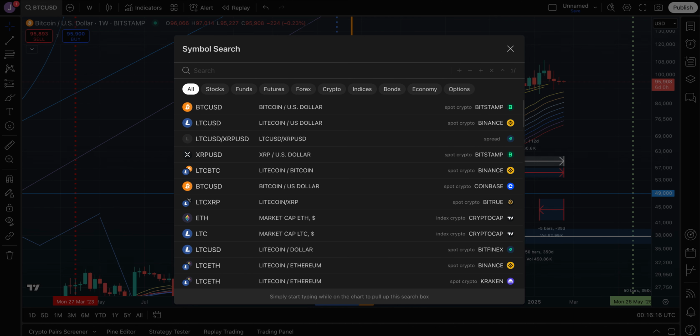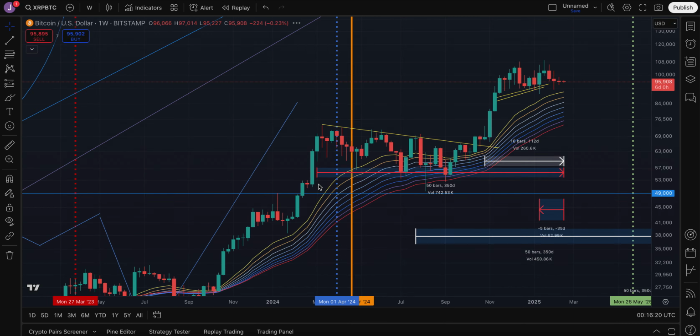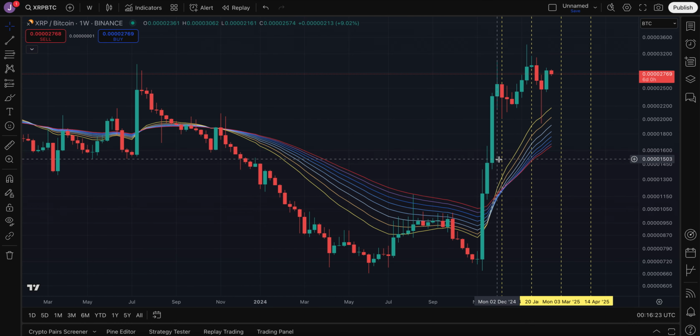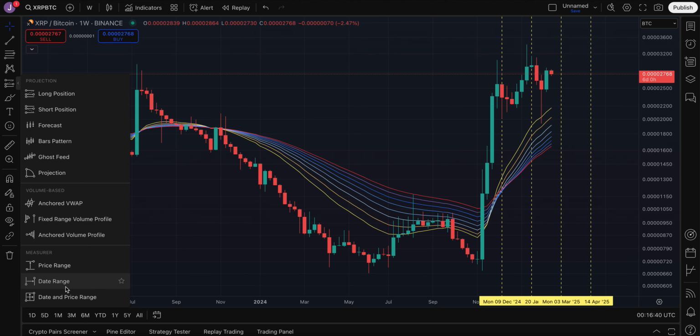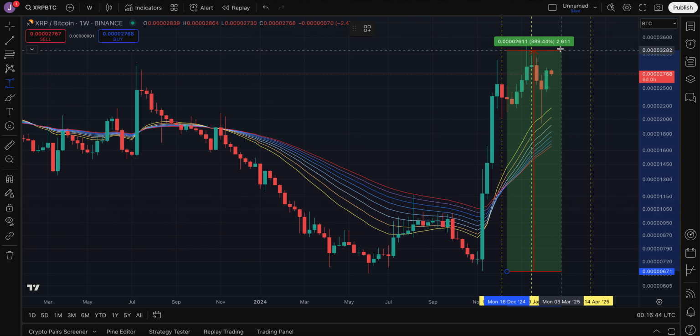So if we go to the XRP versus BTC, we can see this great range, all the way from 720, even lower 670, all the way to 2700. So if we put that in perspective, we have a growth of over 400%.